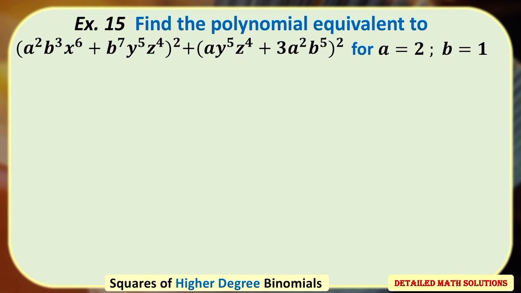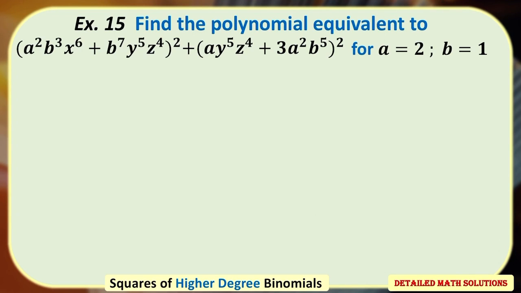Find the polynomial equivalent to the expression for a equals 2 and b equals 1. As a first step, I'm going to substitute a with 2 and b with 1.